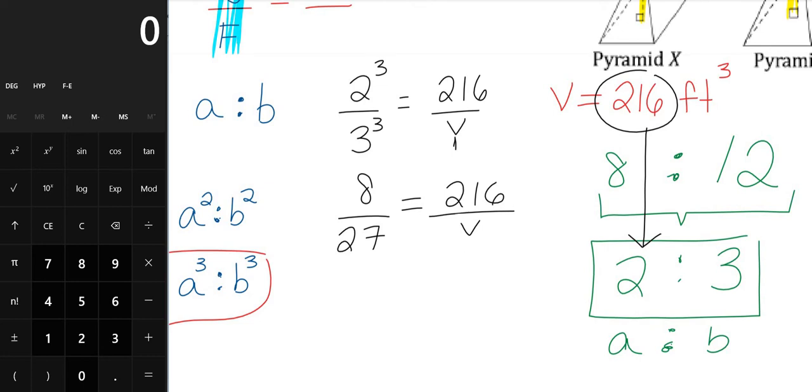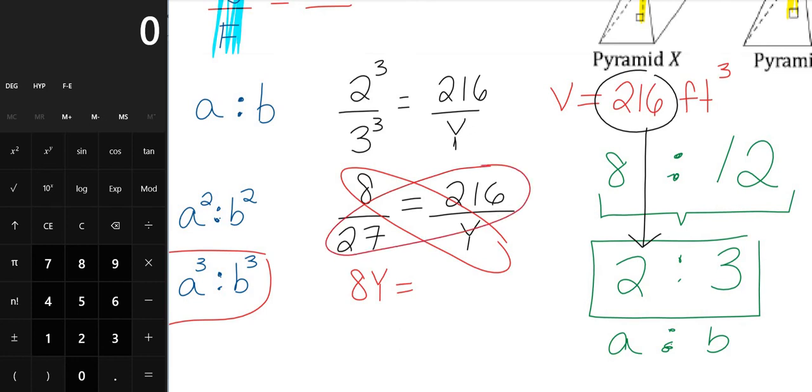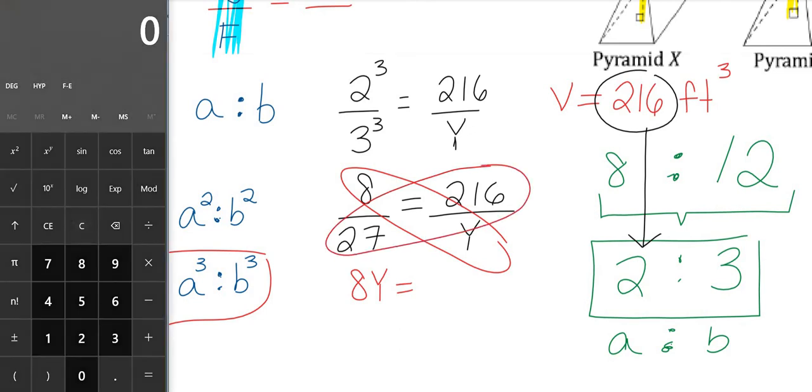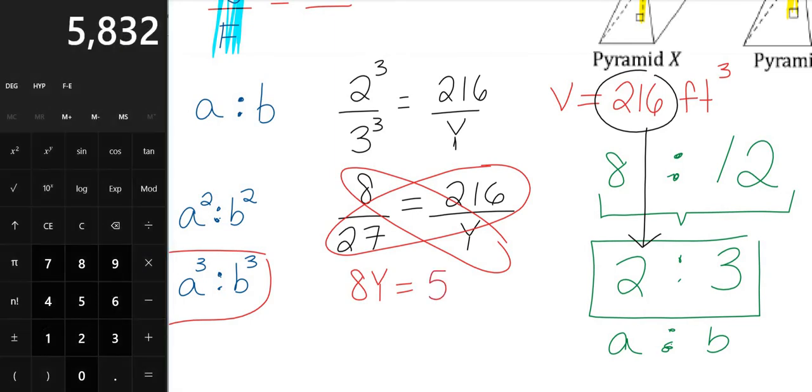over y. Now, to solve a proportion, you're going to cross multiply. So let's multiply 8 times y, and you get 8y. And now we're going to multiply 27 times 216. Let's use our calculator for that one. 27 times 216. And you get 5,832.